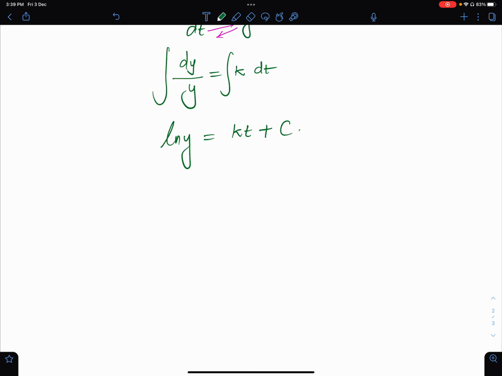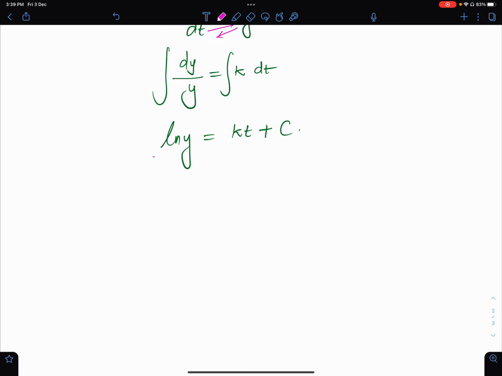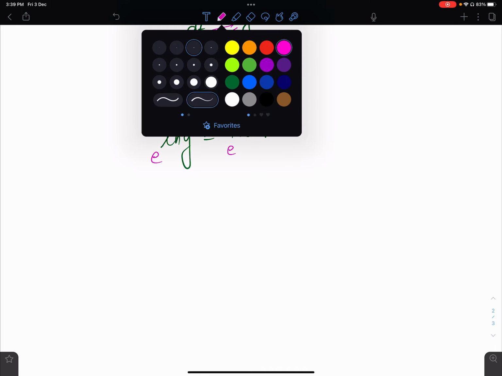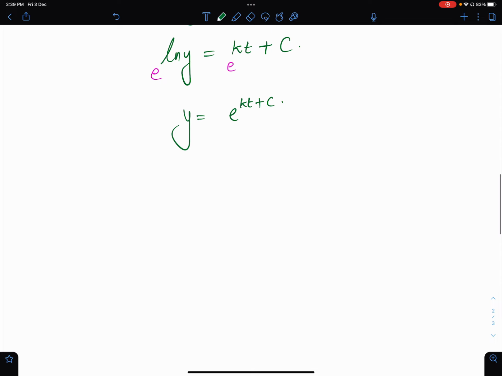You need the value of y, so we know what we have to do: take e on both sides. You will get y is equal to e power kt plus c, which is nothing but y equal to e power kt multiplied by e power c.